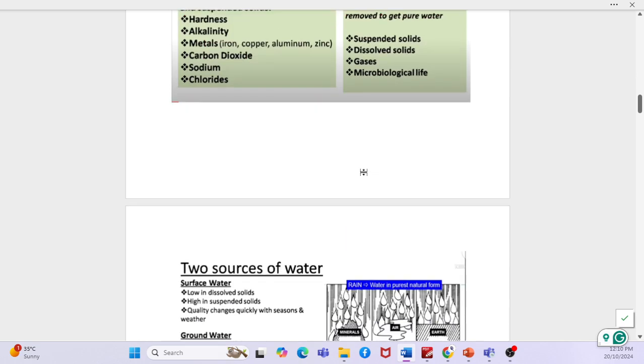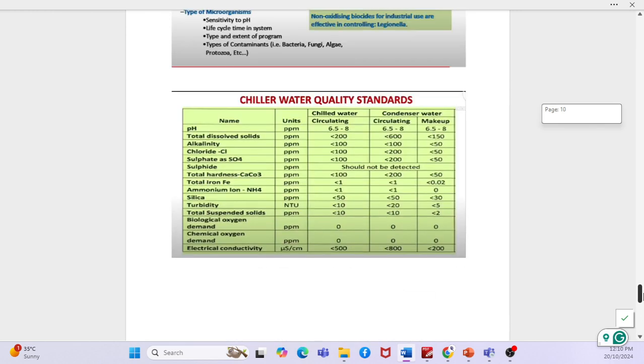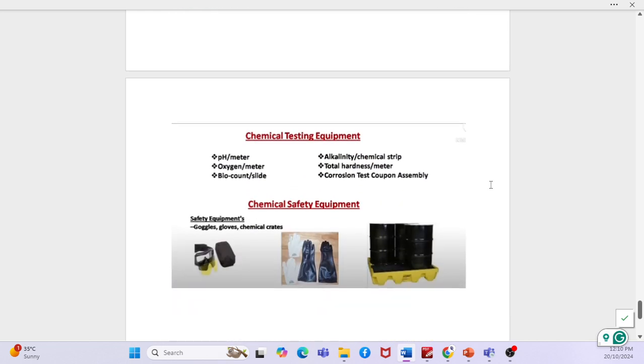So you have different types of properties you have to maintain in the system. So these are the different levels: you have pH level, the sulfide, then silica, then chemical oxygen demand. So you have to maintain the water properties in the chilled water system or condenser water system, right?